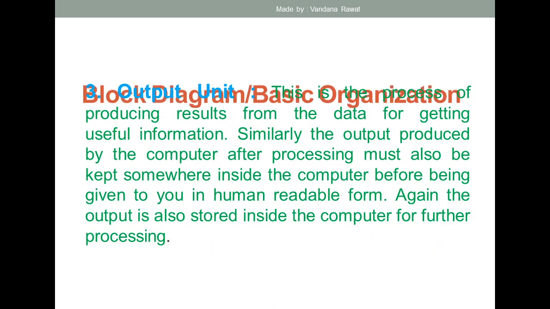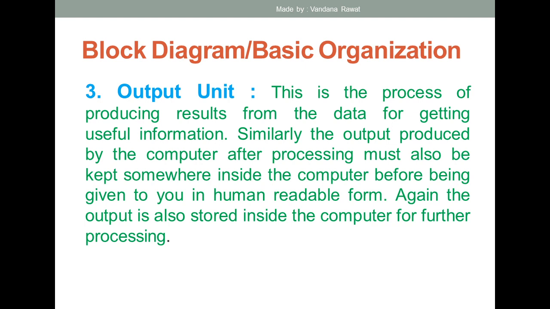So now the last unit in terms of the block diagram or the basic organization of the computer system, that is the output unit. So why do we use the output unit? Basically, first of all, we take the input from the user, then it has gone for processing.